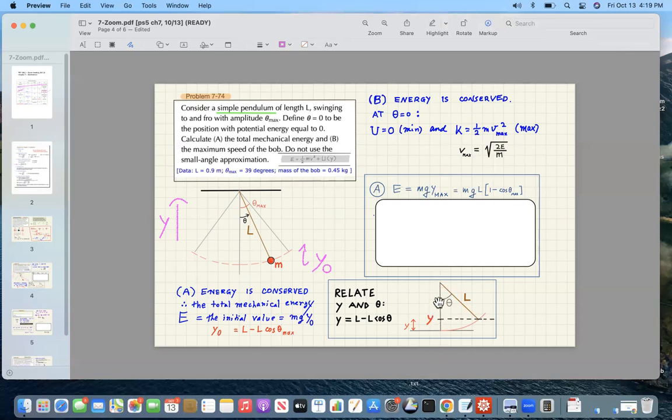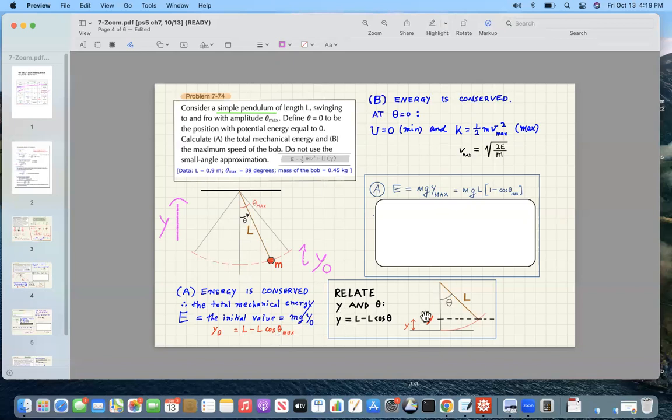This distance is L times the cosine of theta, because by trigonometry, this is the adjacent to the angle theta. So if I take L minus L cosine theta, I get this little distance, which is the height above the equilibrium point. So in particular, y0 is L minus L cosine theta max.